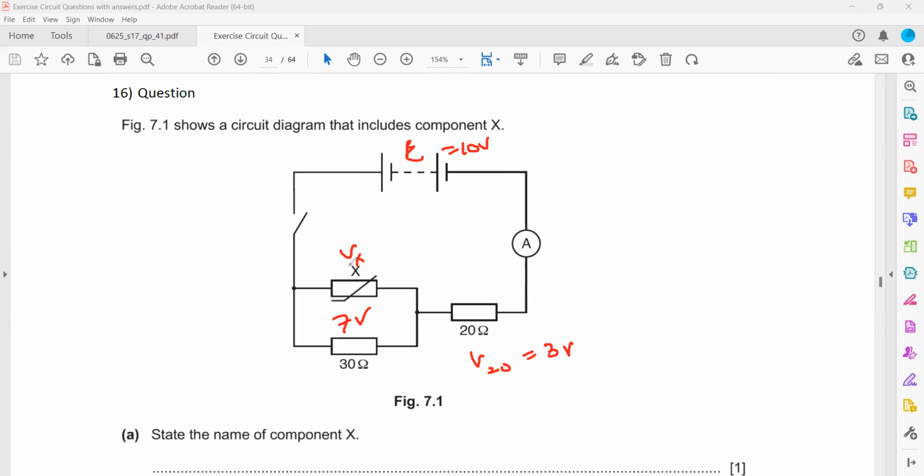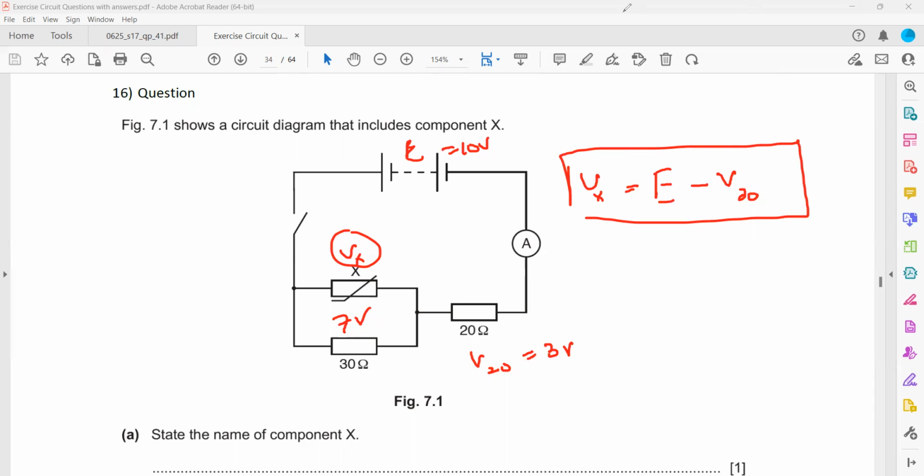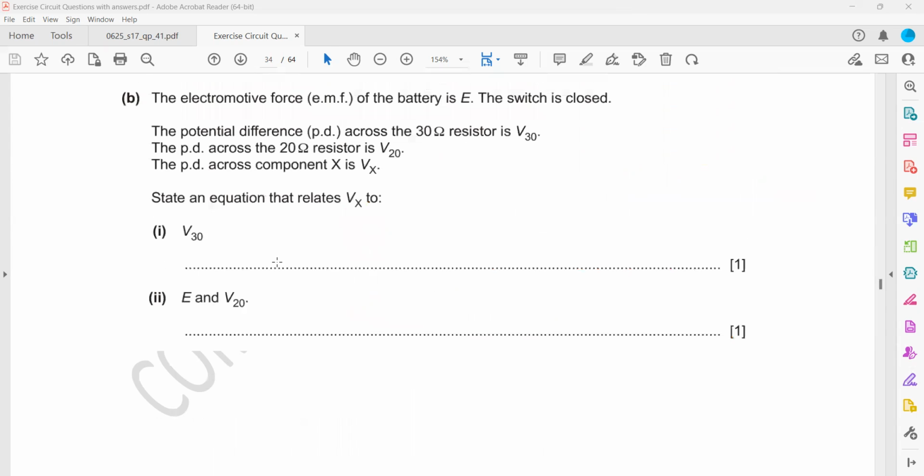So how can we relate Vx with E and V20? We can say the EMF, the total voltage, minus the voltage across the 20 ohm resistor will give us the voltage across X. So Vx is equal to E minus V20.